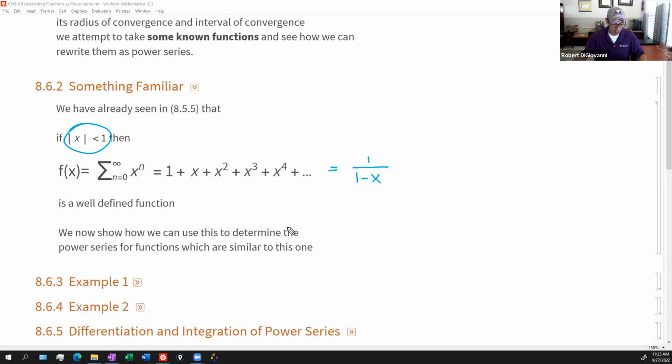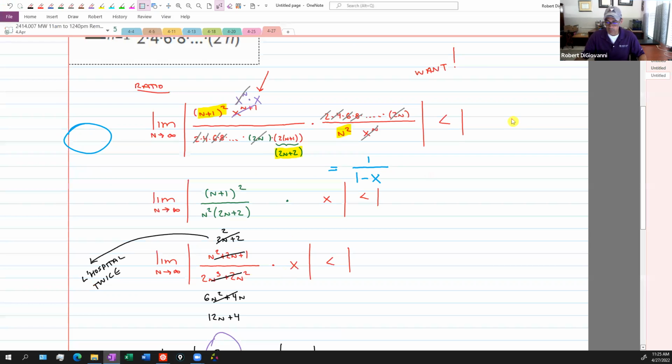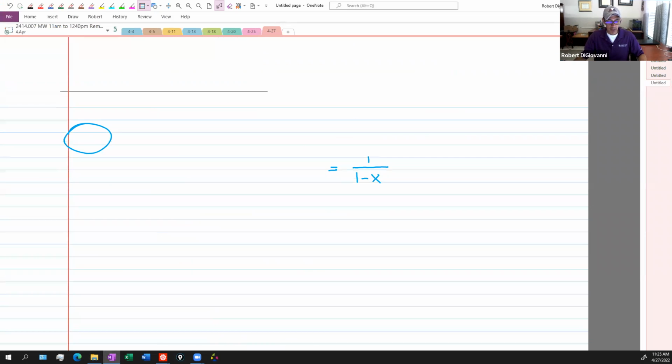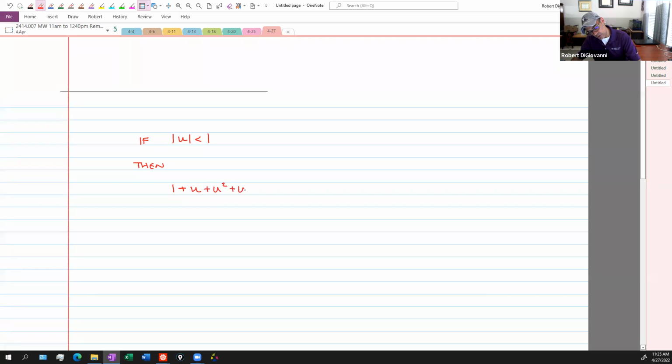In fact, I'm going to go into my notes. I'm going to write this down because I want you to really understand it. Okay, what we've seen from last class is that, and I'm going to do it more generally, if the absolute value of u is less than 1, then 1 plus u plus u squared plus u cubed forever and ever is equal to 1 over 1 minus u.